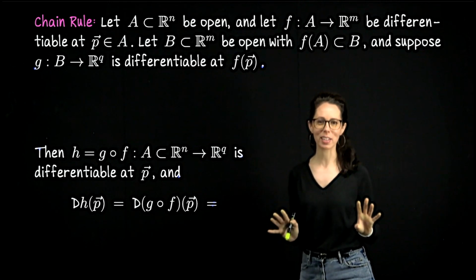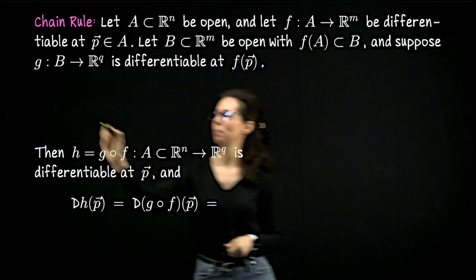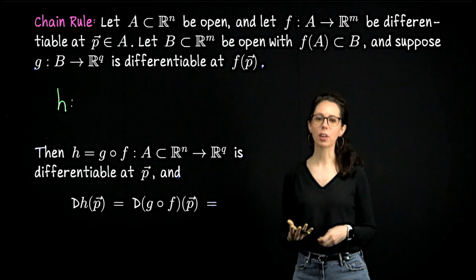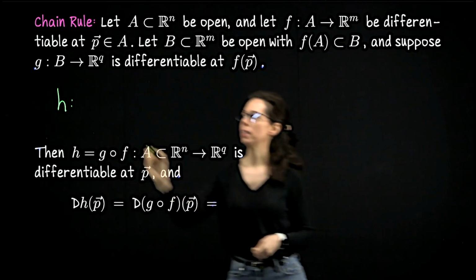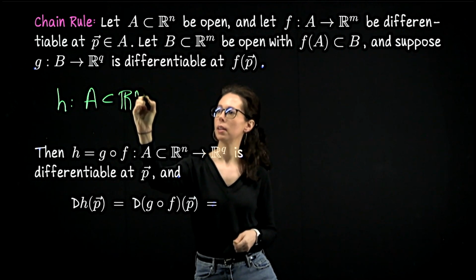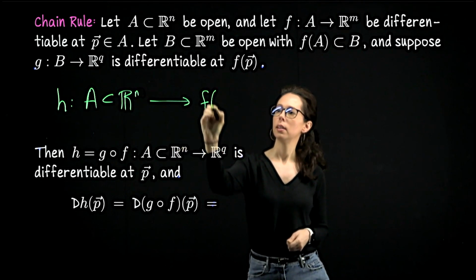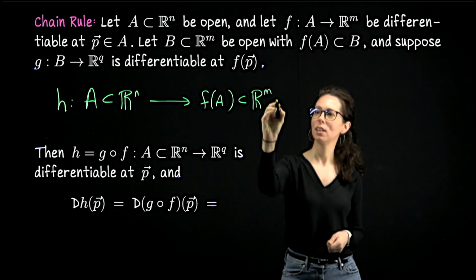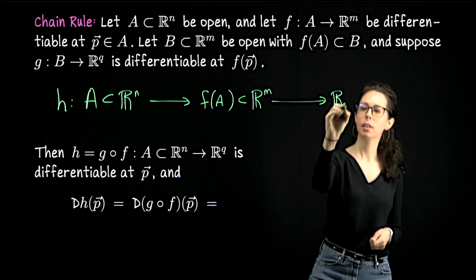But again, just keep in mind that we're trying to say that the composition that I'm creating out of the functions f and g takes us from some open domain in Rn to some subset of Rm to Rq.